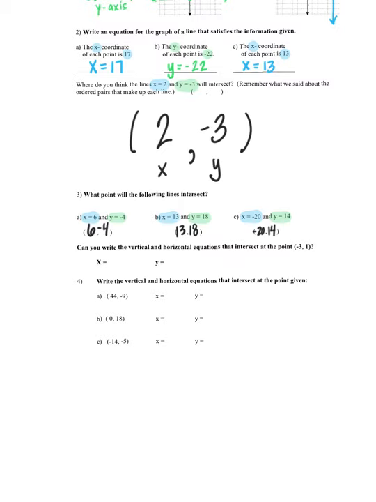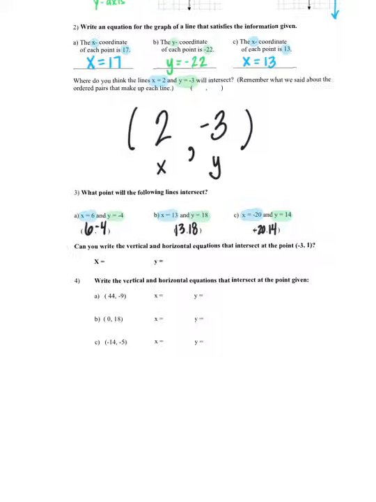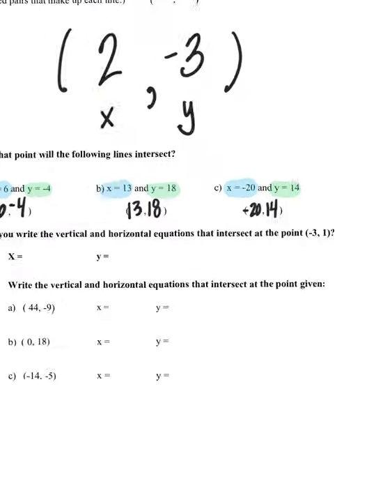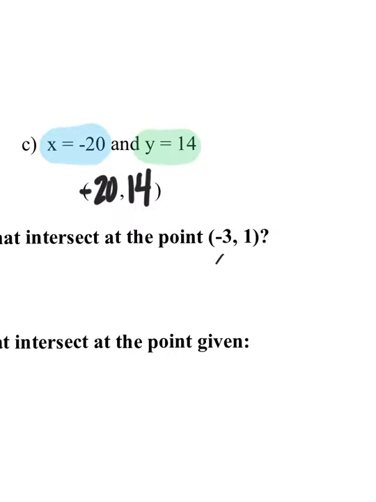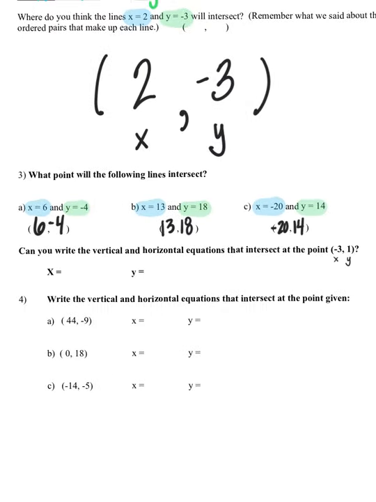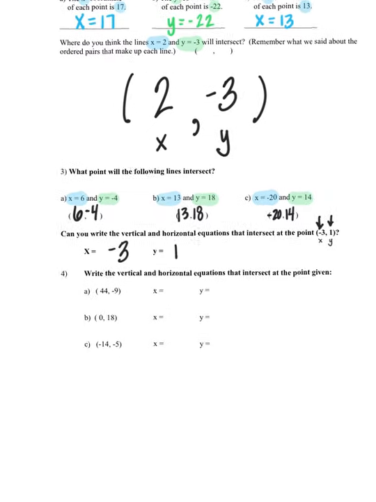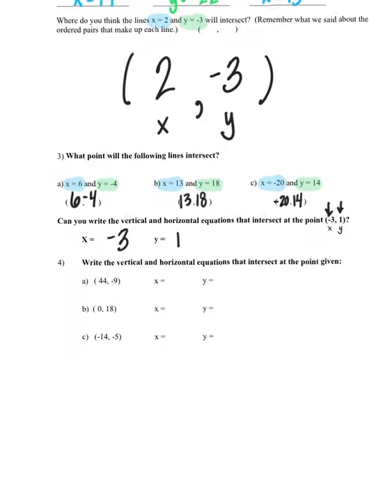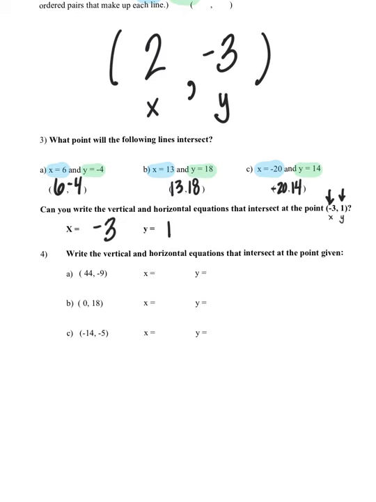All right, so can you write the vertical and horizontal equations of a line that intersects at point negative 3, 1? Well, I know that my coordinate goes x and y. So it tells me x equals negative 3 and y equals 1. Number 4 says just write the vertical and horizontal equations that intersect at the point given.